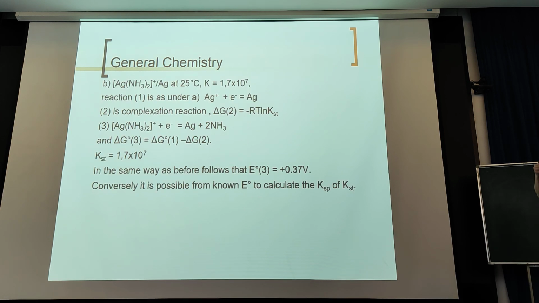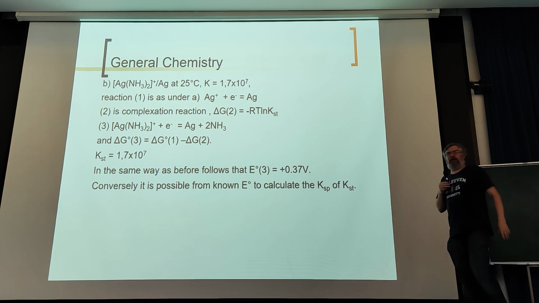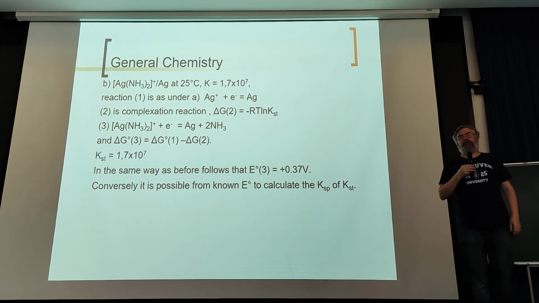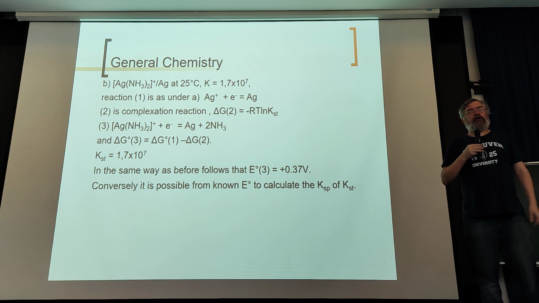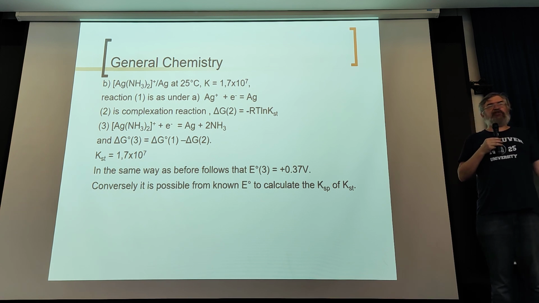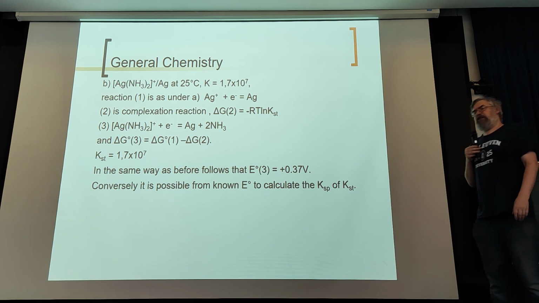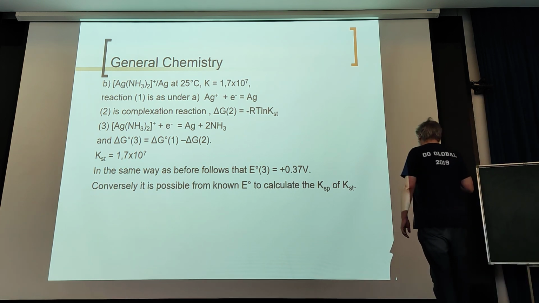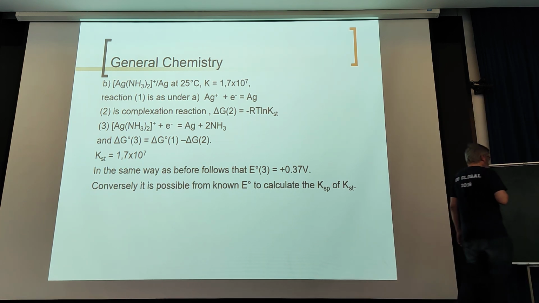Well, what about if we take away the silver as a complex with ammonia? Now we have to do the same kind of treatment, combine reactions, and reaction 1 is the same as free silver being reduced to silver metal. The second reaction is the complexation reaction between silver and ammonia.